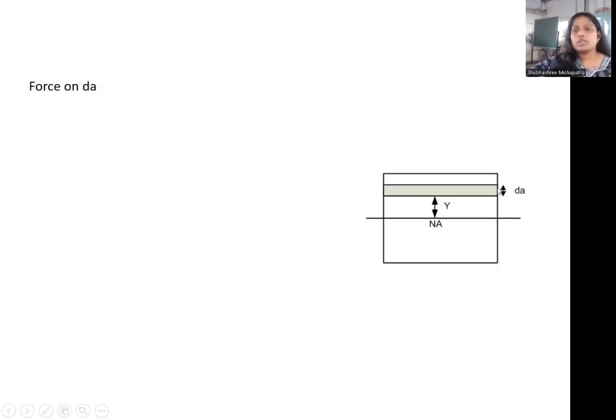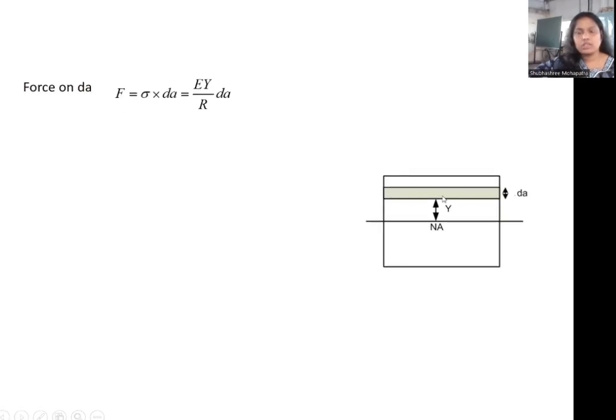Then the force on this elemental area dA is stress into area. The area we have taken as dA and stress is sigma, so in place of sigma we write Ey by R, times dA, the elemental area.